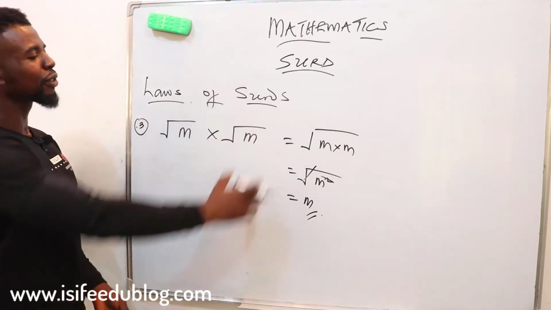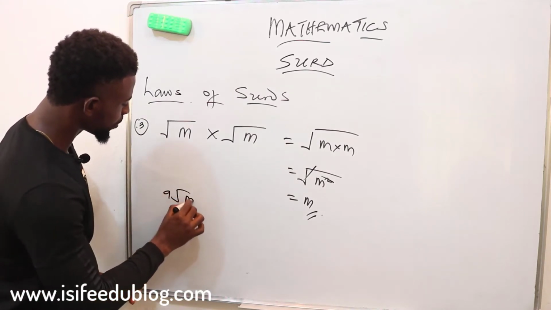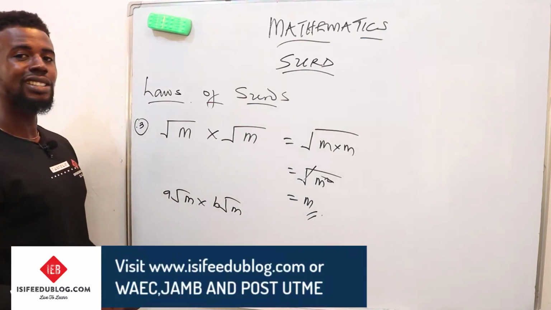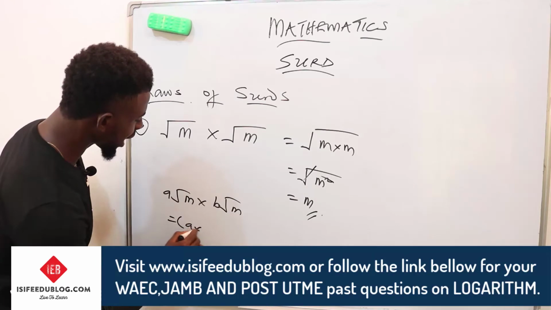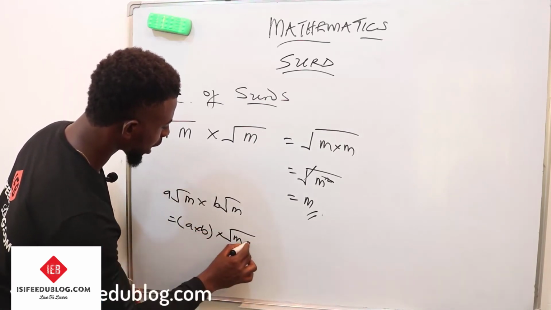Now what if we have coefficients here? For example, if I have a root m times b root m, it is still basically the same thing. From our first law, the solution should be a times b, then times root m times m.